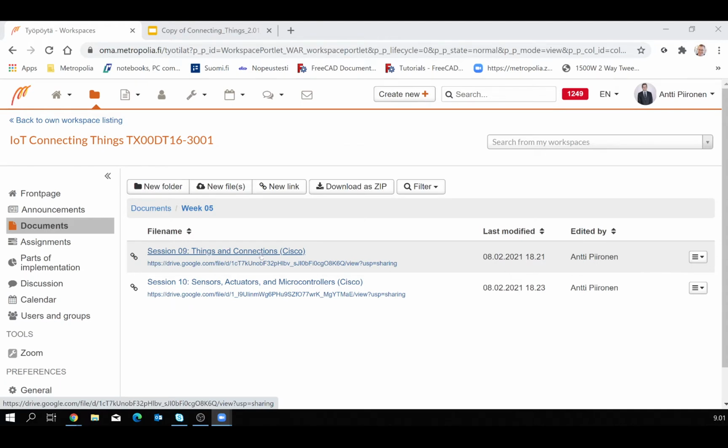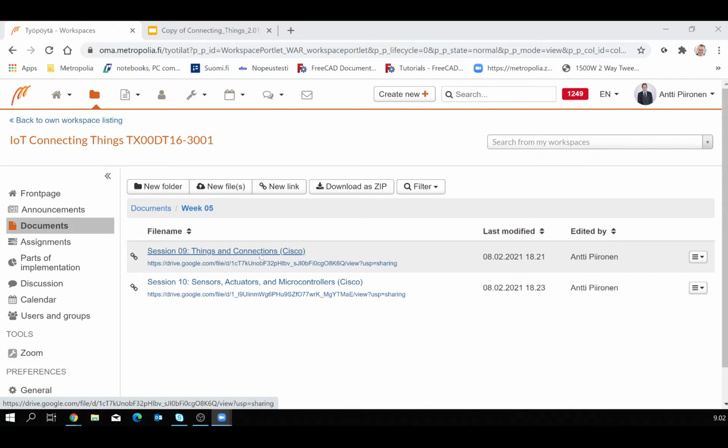Those are totally up to you. However, on the IoT part, meaning the networking part, it might be a good idea to take those, since later on the teaching will probably be based mostly on the Cisco systems material.